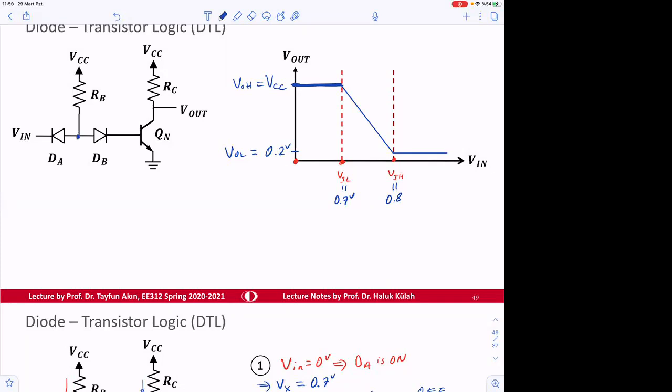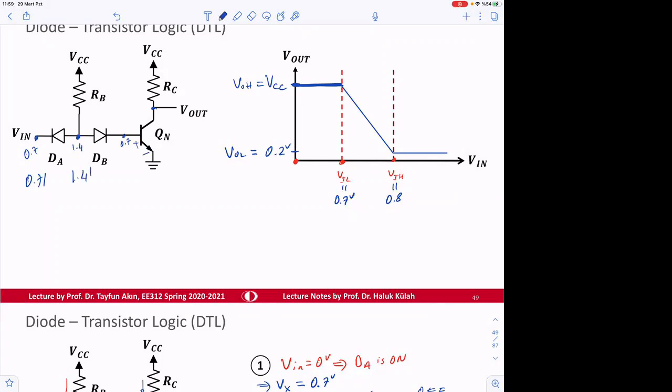Now, the formal thing is this is 0.7, this is 1.4 volts, and this is 0.7 volt, right? That's the edge of forward active, and output is VCC. So when you start applying 0.71 here, this becomes 1.41, and then this is not 0.7 anymore.